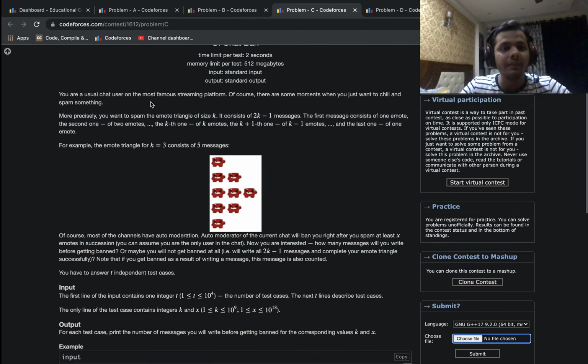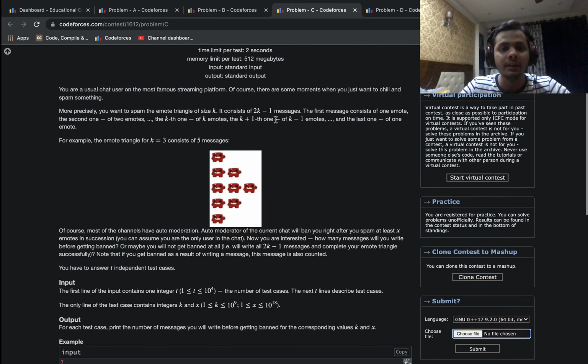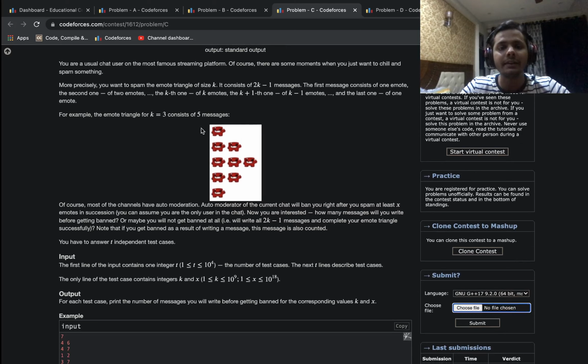So you have a usual chat of the most famous streaming platform and so on. Basically what's happening is that there are various emojis, and specifically there are 2k-1 lines or messages. In the ith line, if i is less than k, then there are simply i messages.